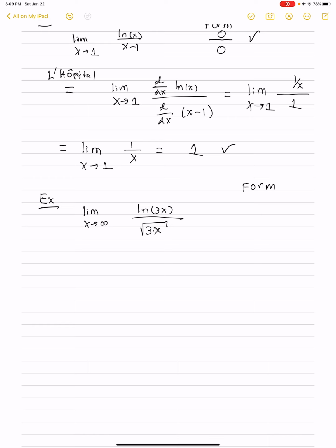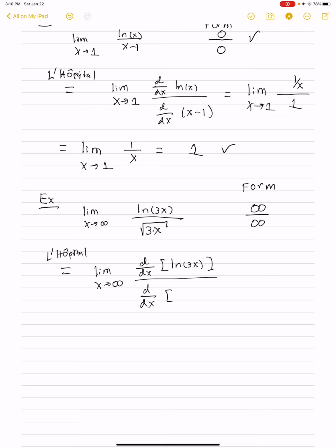The ln of 3x as x tends towards infinity is infinity. And likewise for the denominator, that's also infinity. So we go ahead, we use L'Hopital, and we take the derivative of the top divided by the derivative of the bottom, and I'm going to rewrite this as 3x to the 1/2 power.